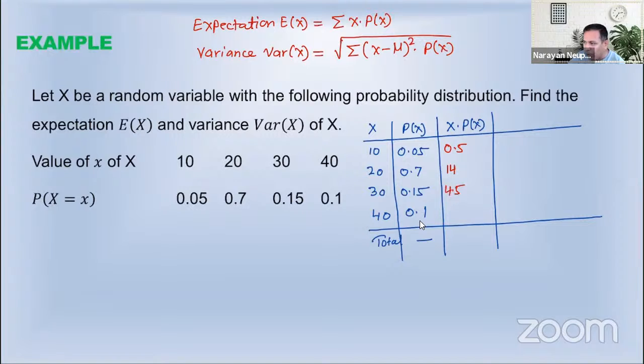And 40 times 0.1 is 4. If you add all these, 0.5 plus 14 plus 4.5 plus 4, that is 23.